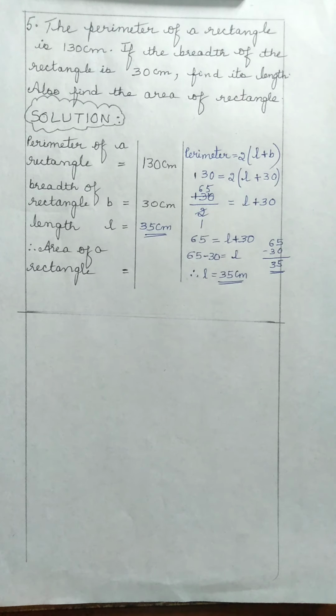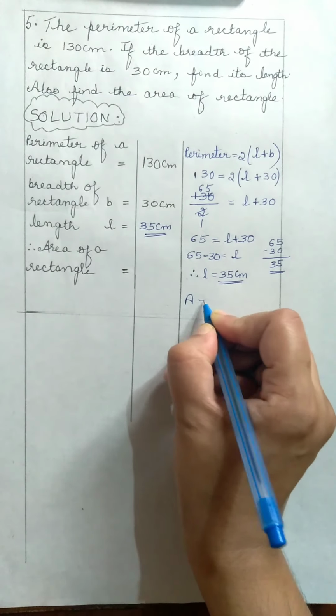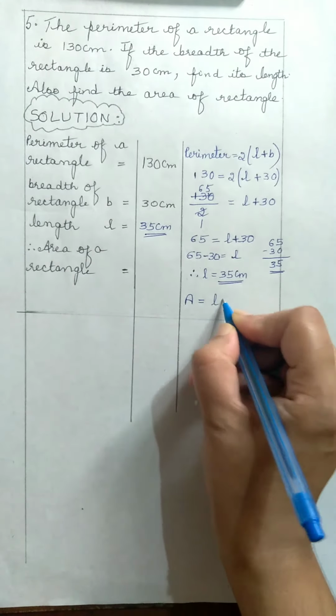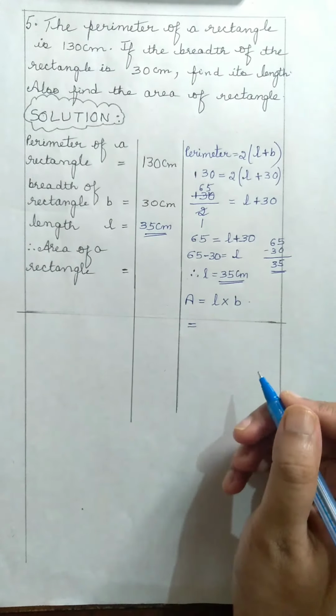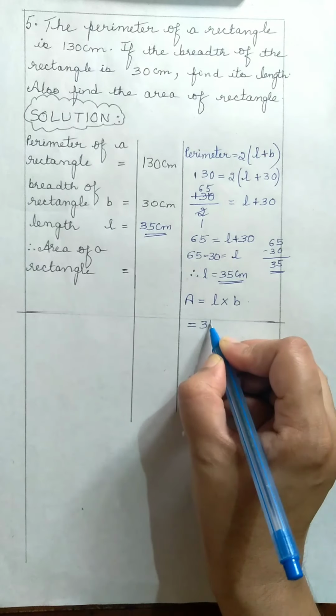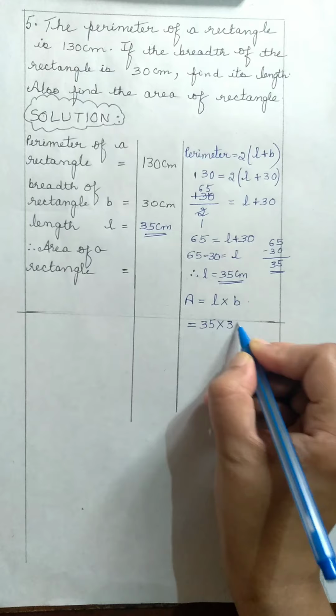Now we need to find out the area of the rectangle. To find the area of the rectangle, we have the formula area is equal to L into B. That is, area is equal to length into breadth. We have found out the value of the length, that is 35 centimeter, into breadth is already given in the problem, that is 30.